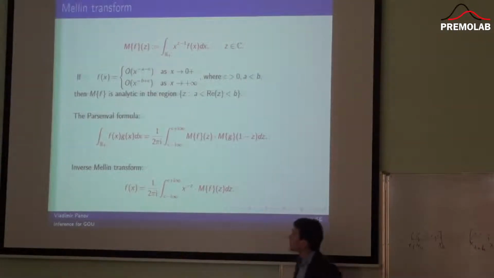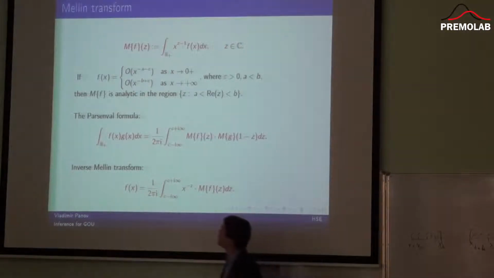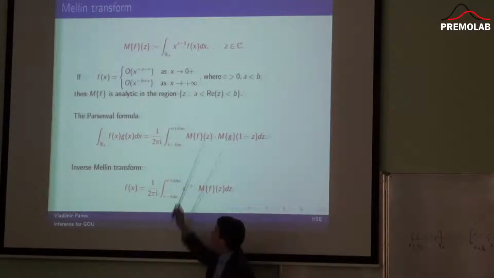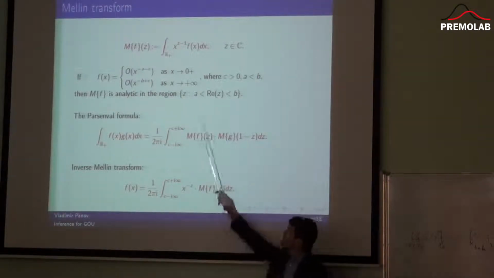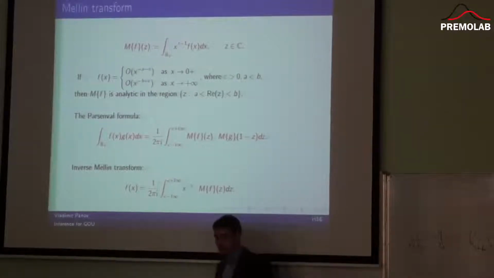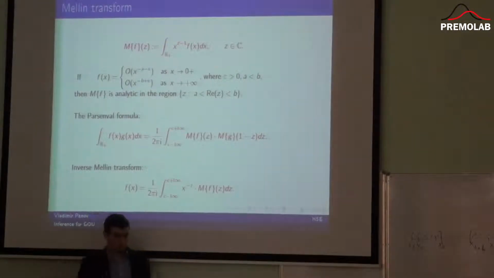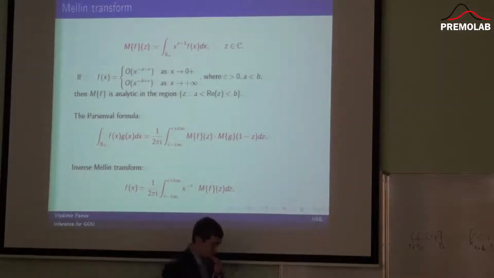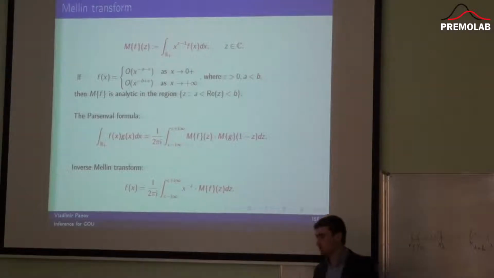I would like to say a couple of words about the main properties of the Mellin transform. Under some mild conditions on the function f, the Mellin transform is analytic in some region. This region is actually a strip, which is called the strip of analyticity. But in most cases, a Mellin transform is also at least meromorphic outside the strip.